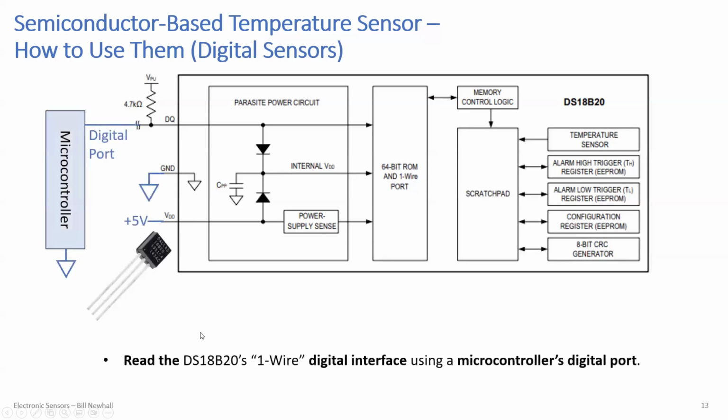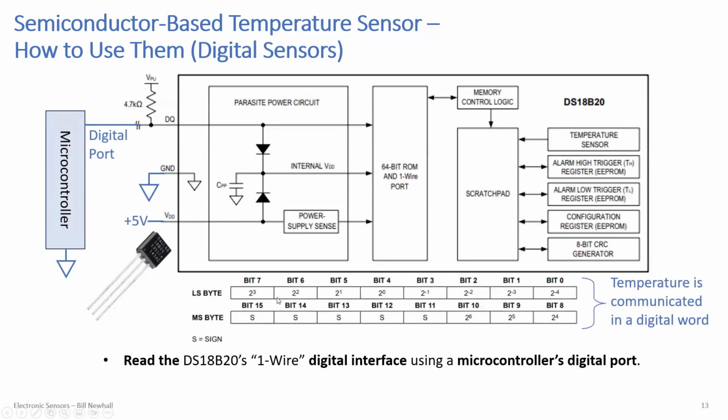And you've got to use, in this case, what they call the one-wire digital interface. Using a digital port, you're going to read that. Okay. And then over that digital serial line, the temperature is communicated in this digital word.